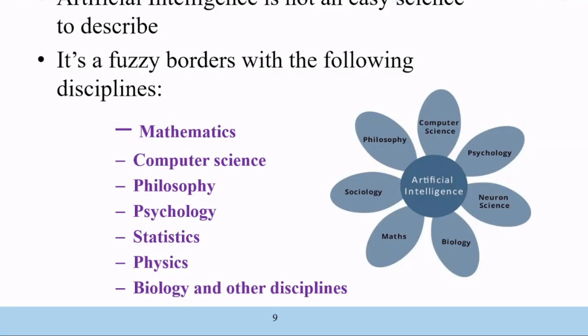Artificial intelligence is not an easy science to describe, but it has fuzzy borders, that means vague borders which are connecting. Look here, why do we need mathematics? Actually, mathematics plays one of the important roles in artificial intelligence.